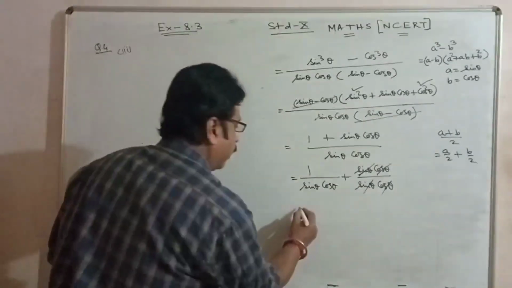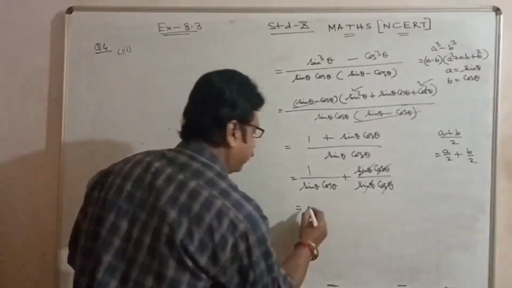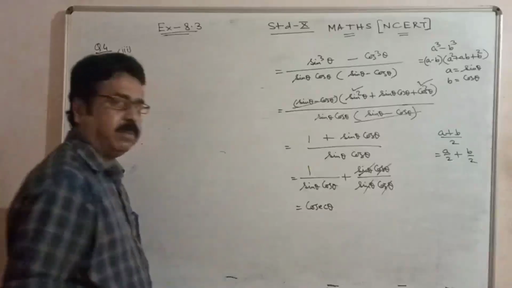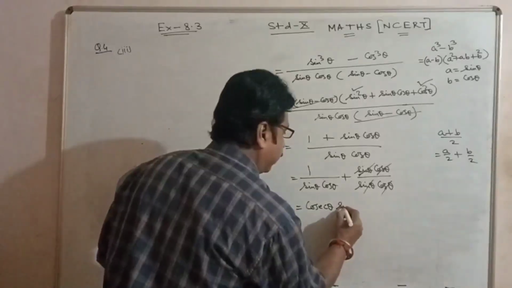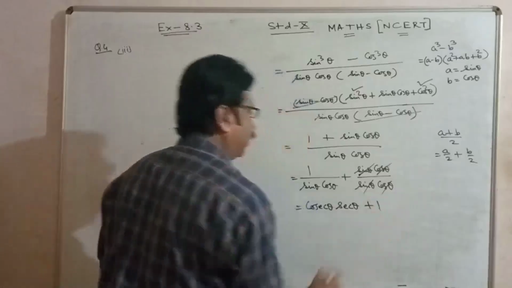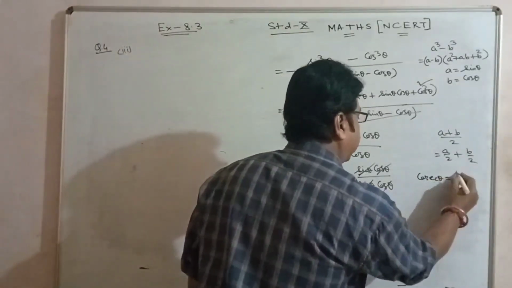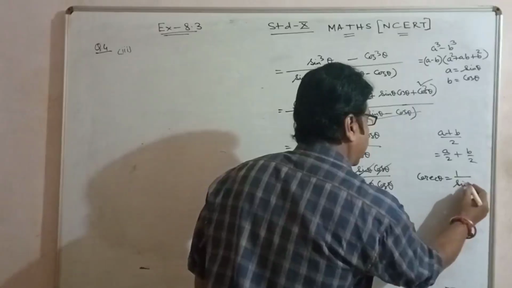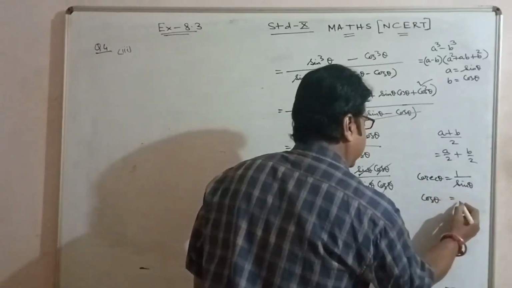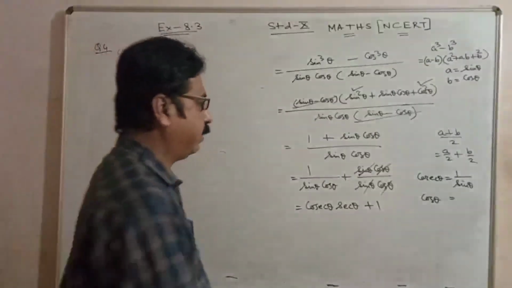Now 1 upon sin theta means cosec theta, and 1 upon cos theta means sec theta, plus 1. Cosec theta is 1 upon sin theta and sec theta is 1 upon cos theta.